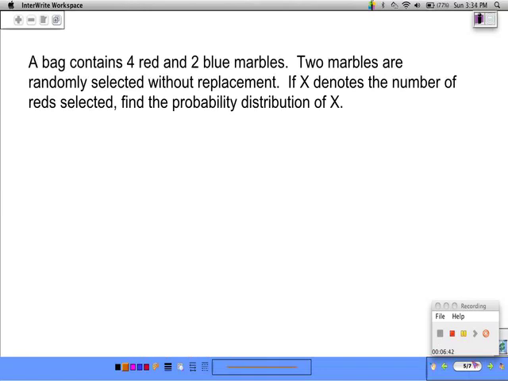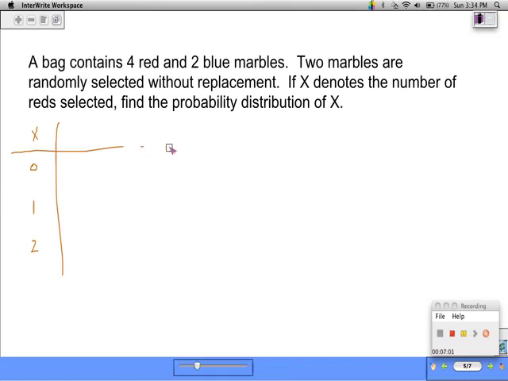Here we want to find the probability distribution of our random variable, that is the number of reds selected. Well, we're picking 2 marbles, so the possibilities that x could take on are 0, 1, or 2. To find the probabilities of each value of the random variable, we can make a tree diagram.